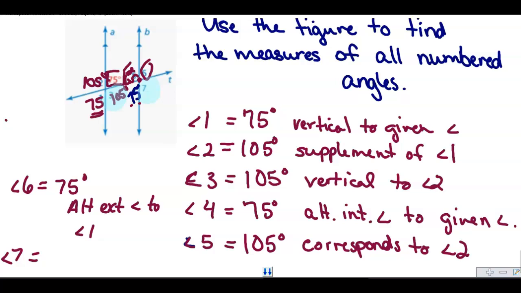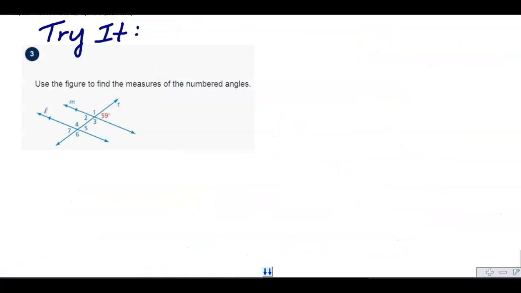Hopefully you've seen that angle 7 is 105 degrees because it corresponds to angle 3. All right. Now that we've done it together, why don't you give it a try? Pause the video and then try and find the missing measures.